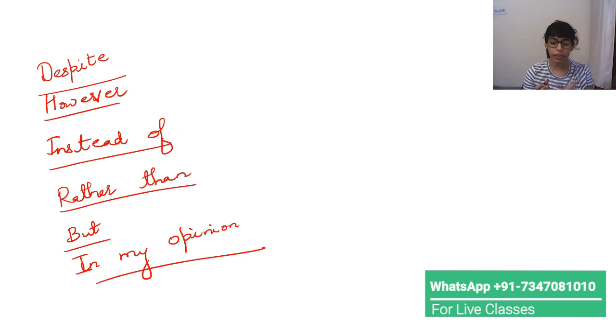Use those 30 seconds for reading the multiple choice questions only. Whenever you have a tough question, try to read it during the time you are asked to check the questions. So now we are going to listen for specific keywords: despite, however, instead of, rather than, but, in my opinion. This will help you in identifying the correct answer for multiple choice questions.